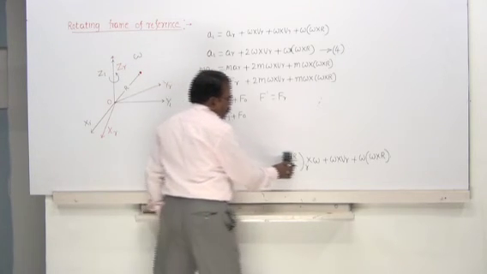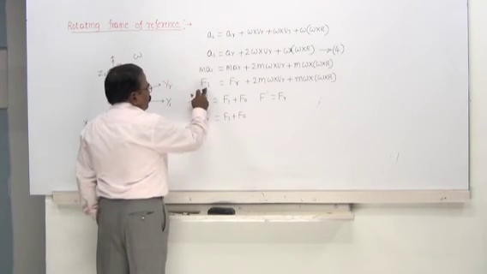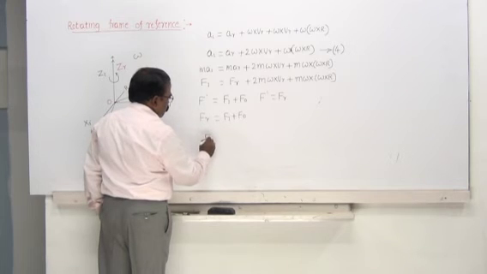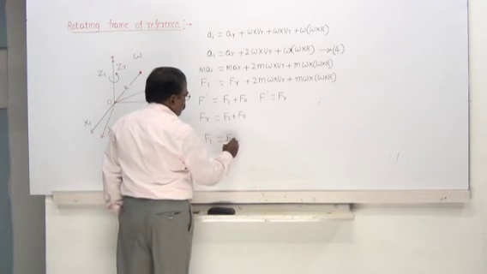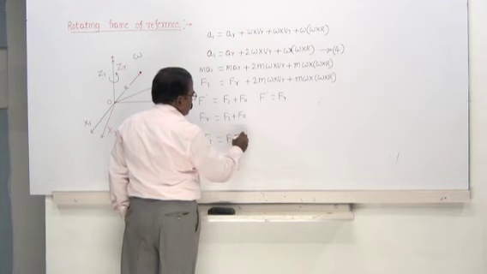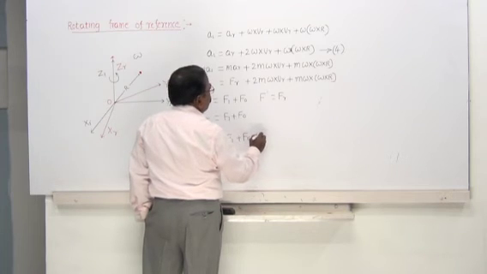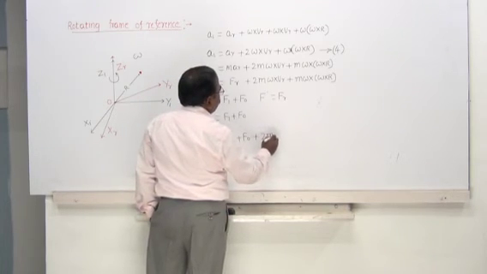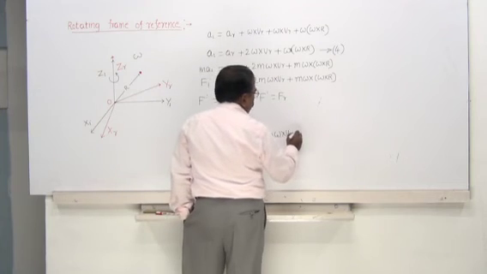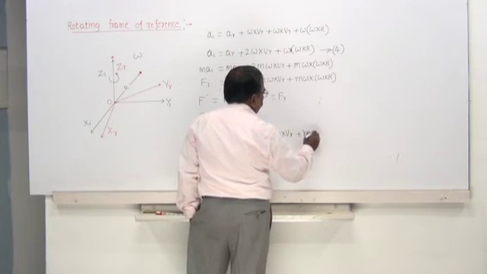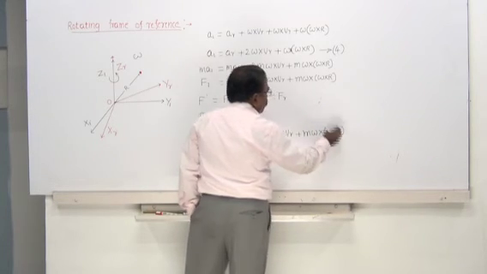Then substitute that: Fi is equal to Fi plus Fo plus 2m omega into Vr plus m omega into omega R.